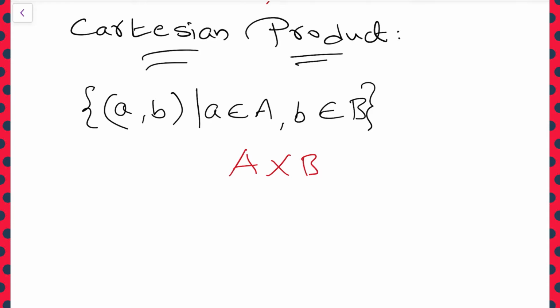Then (a, b) such that a belongs to A and b belongs to B is called the Cartesian product of A and B, and it is denoted by A cross B.